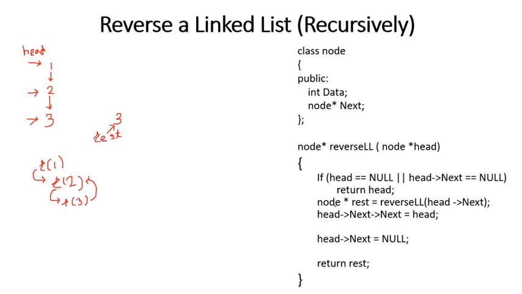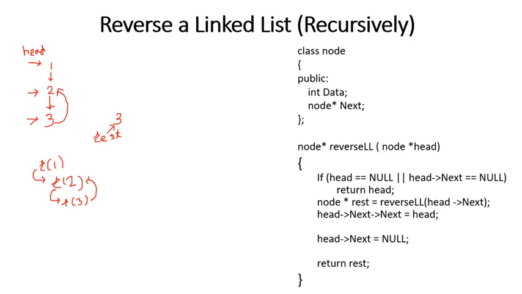After this, what are we doing? Head arrow next is equal to head. Currently head is pointing to 2, so 2 arrow next is 3. Then 3 arrow next is equal to head. This means 3 starts pointing to 2.